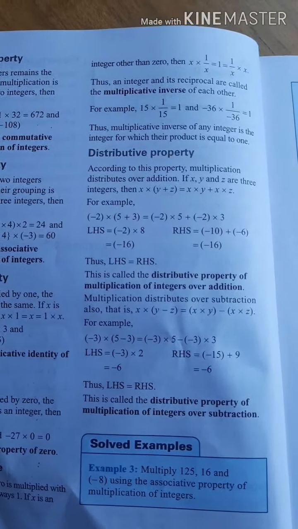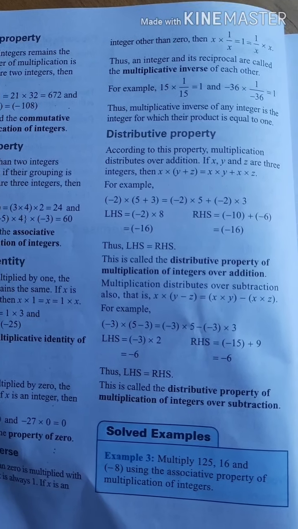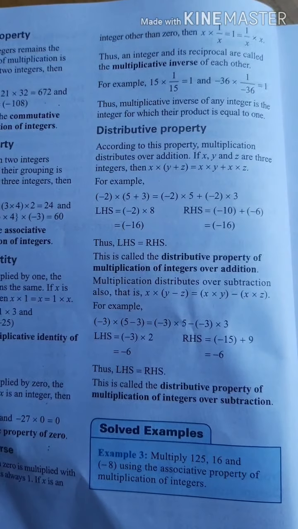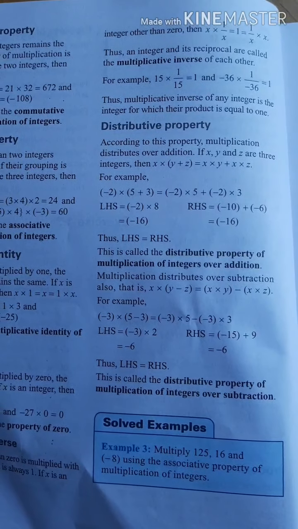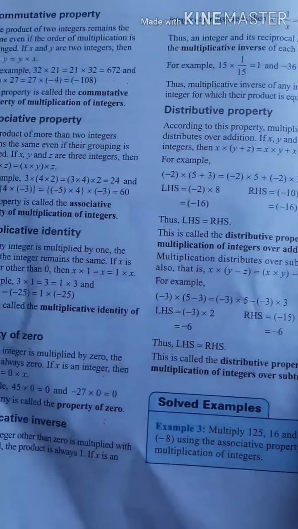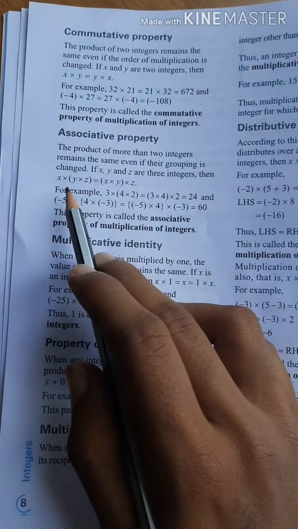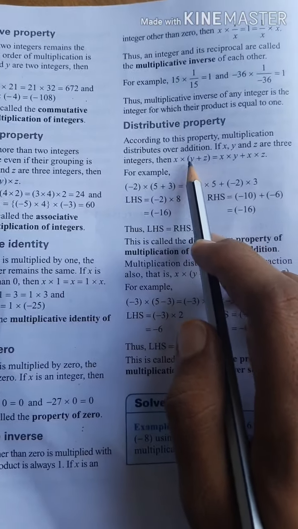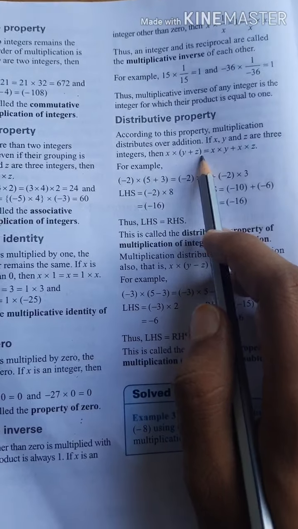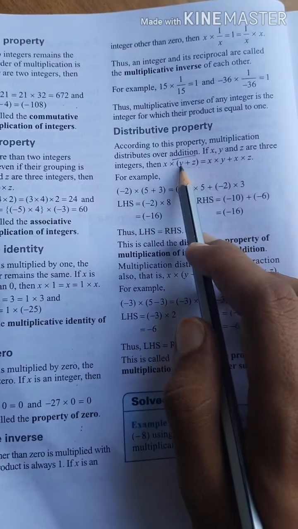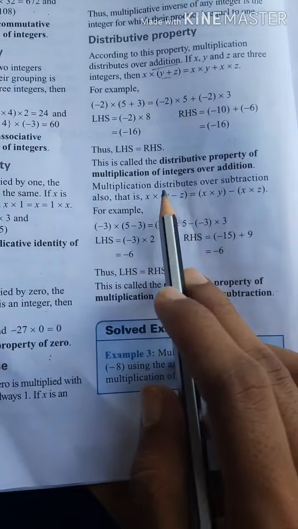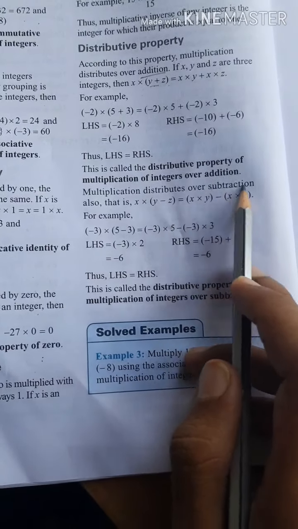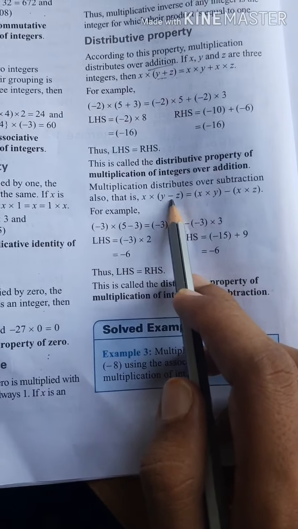Distributive property, there are two. One is over addition, one is over subtraction. See the left hand side, x into y plus z. Over addition means here is plus, over subtraction means here is minus.